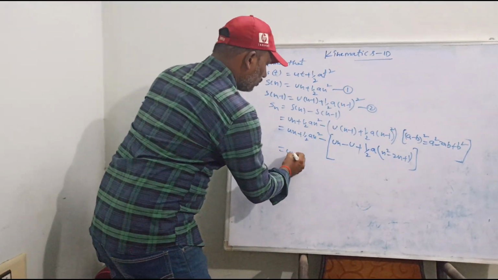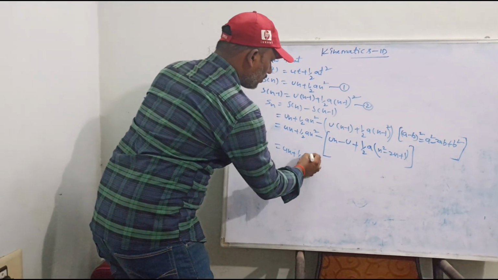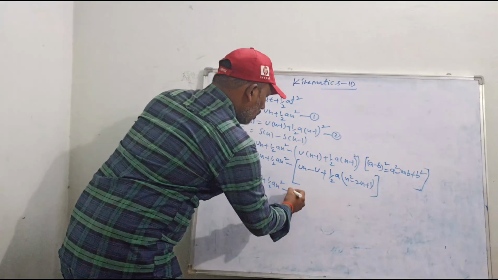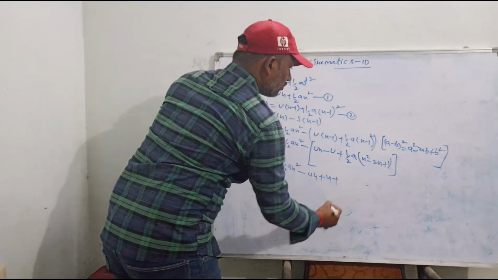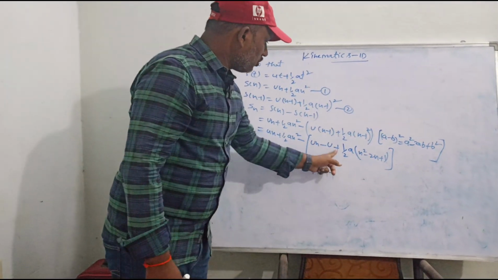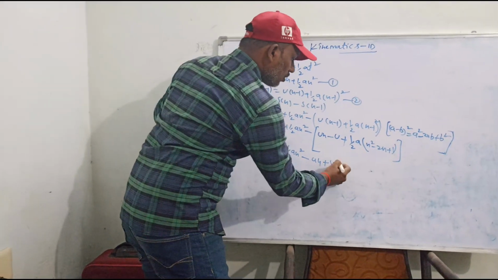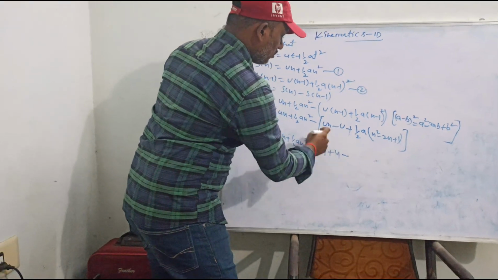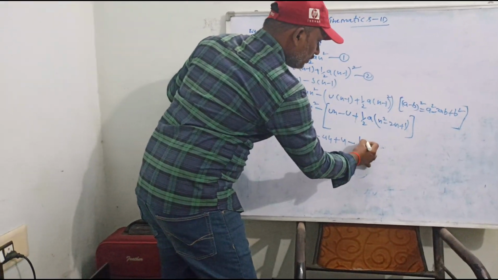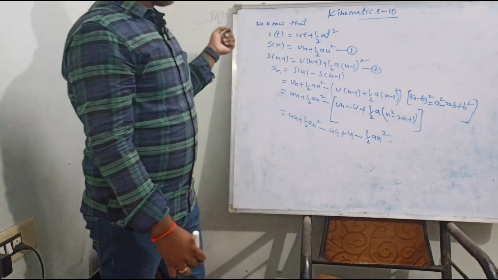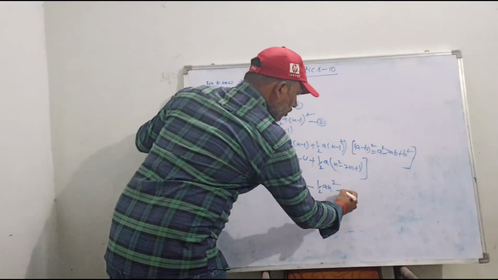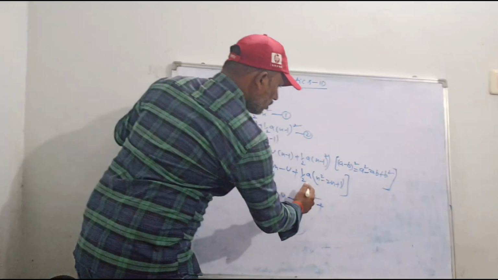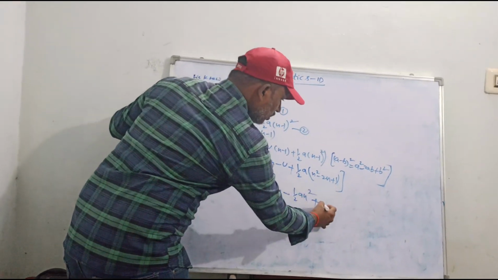Then what do we get? un plus half an square minus un, minus minus plus u, minus into plus minus half an square, minus into minus plus, 2 cancel, an we get.